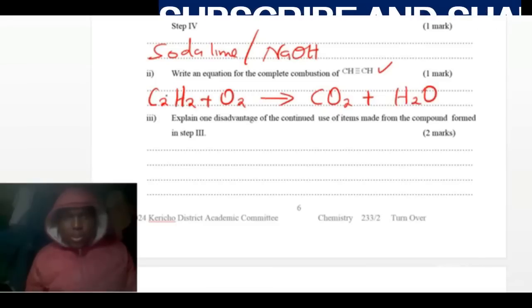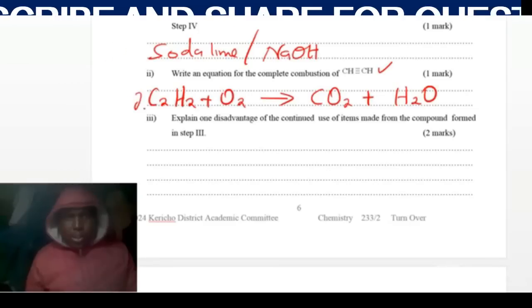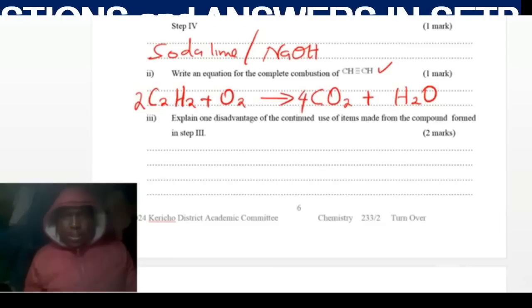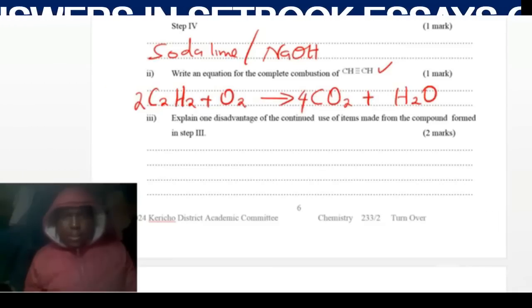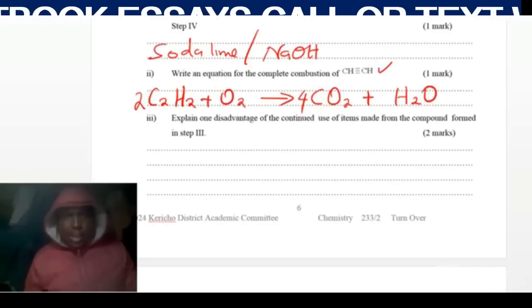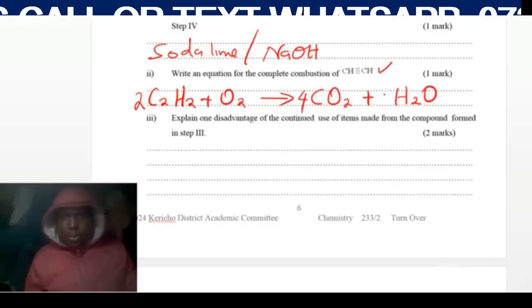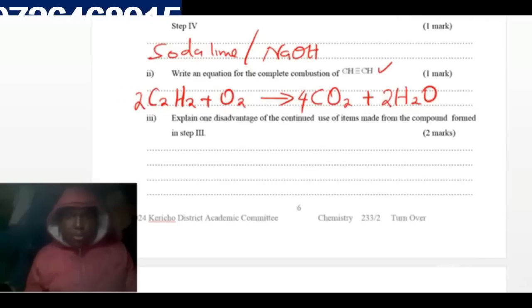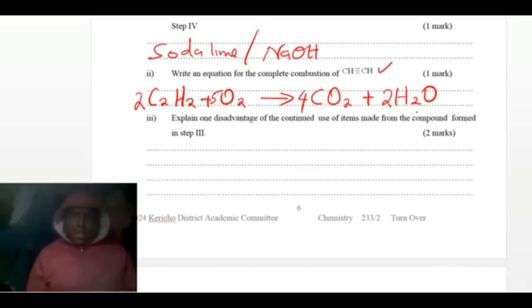We have 2 here, so we put 2 here, we put 4 here, so that this one now becomes hydrogen here. We put 2 here to remove this odd number, make it 2, and then this one is 4 plus 2, which is 5. And that one is now balanced. Liquid, gas, and this one is a gas.